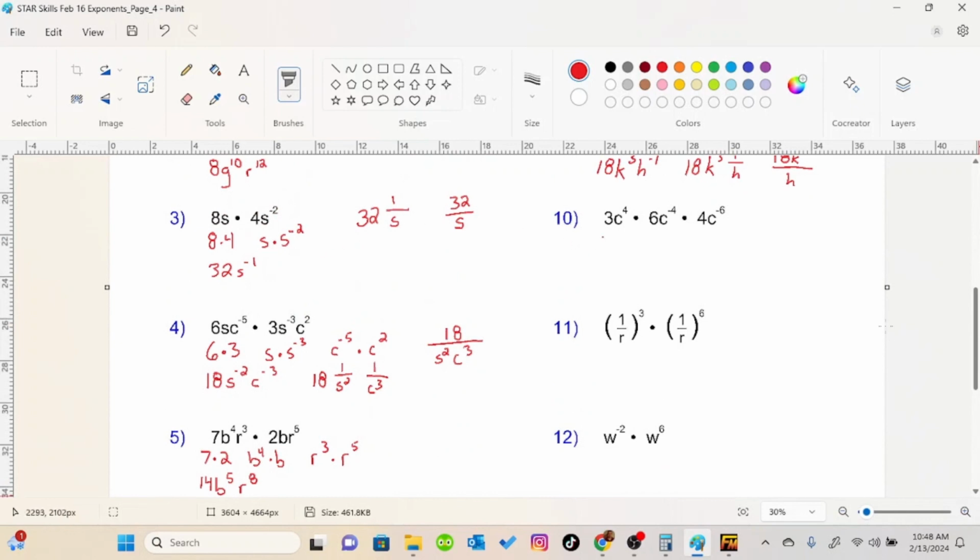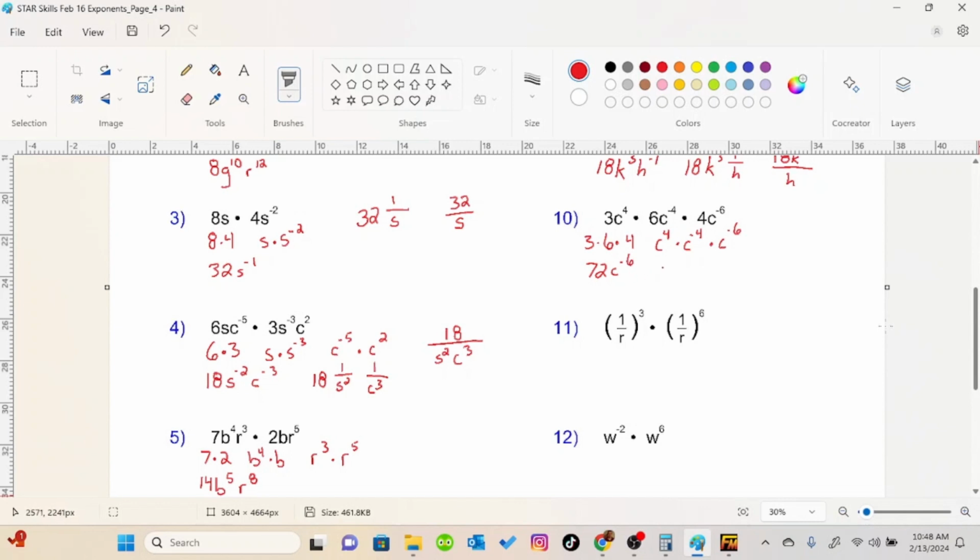Number 10. We have 3 times 6 times 4. 3 times 6 is 18. 18 times 4 is 72. Then we have c to the 4th times c to the negative 4th times c to the negative 6th. 4 minus 4 is 0. 0 minus 6 is negative 6.